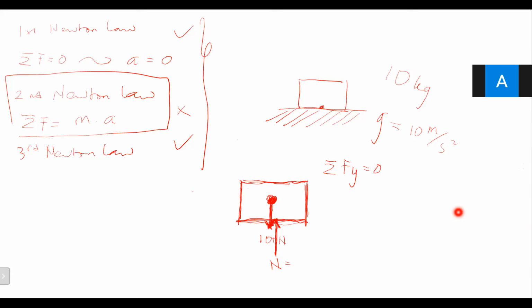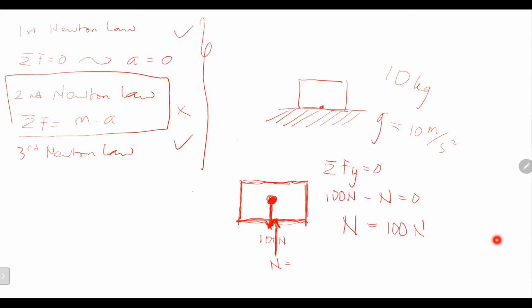That's why sigma F is equal to 0. If I put it in an equation, 100 Newton minus normal force equals 0. That's why we get that the normal force is 100 Newton.